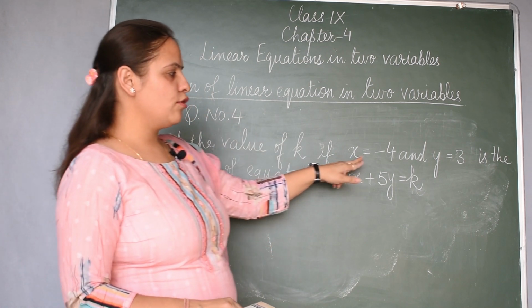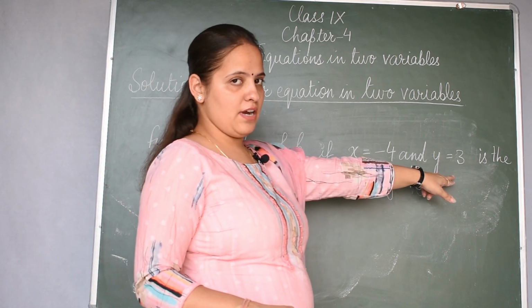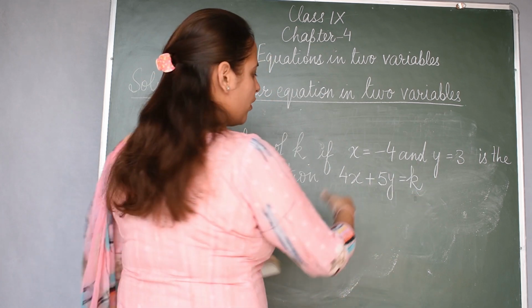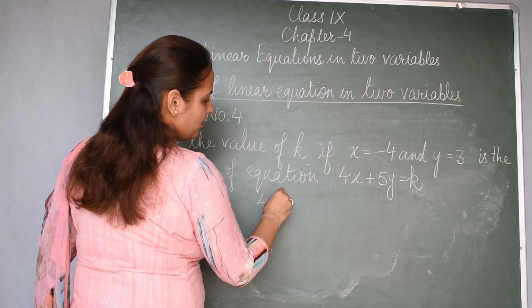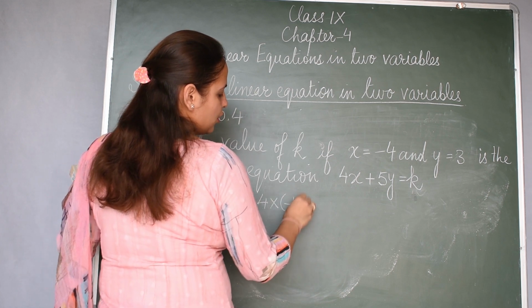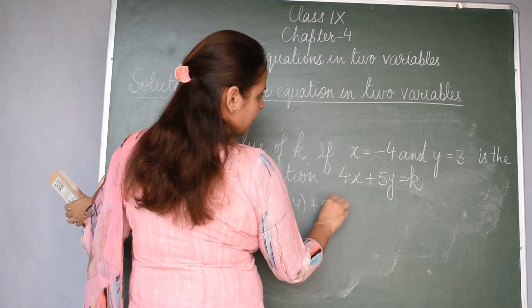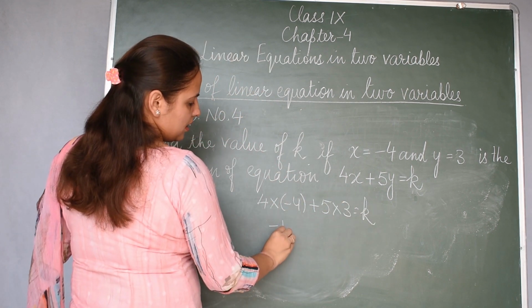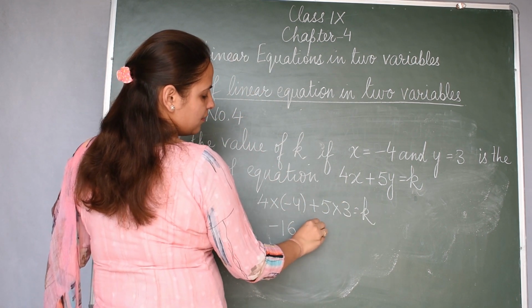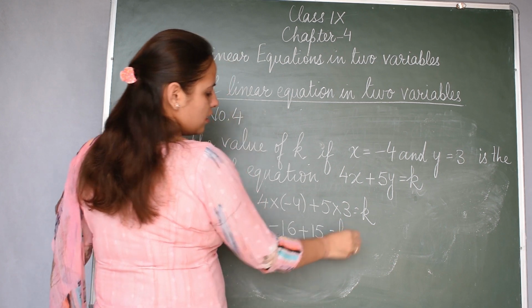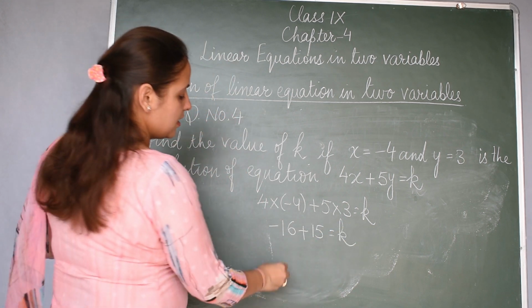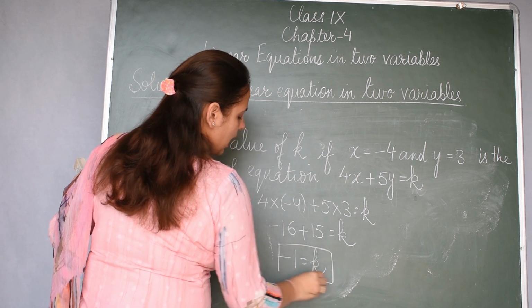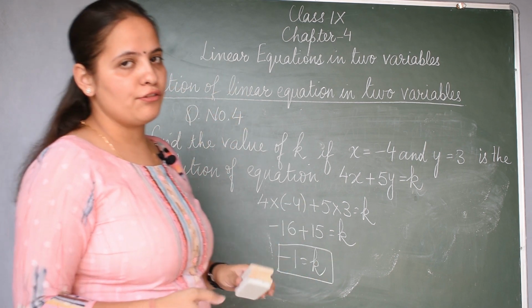Again, you are given the value of x and the value of y. That means this is the solution and you need to find the value of k. So what will I do? I will just substitute: 4 into minus 4 plus 5 into 3 is equal to k. 4 into minus 4 is minus 16 plus 15 is equal to k. So minus 16 plus 15 is minus 1, which is equal to k. So this is how we can find out the value of k.